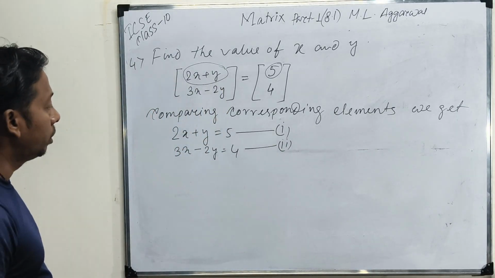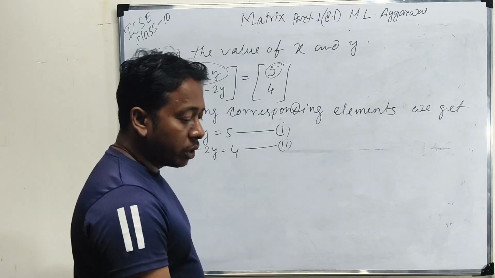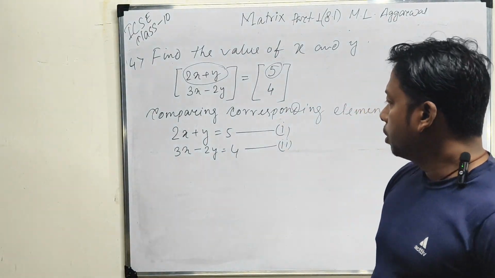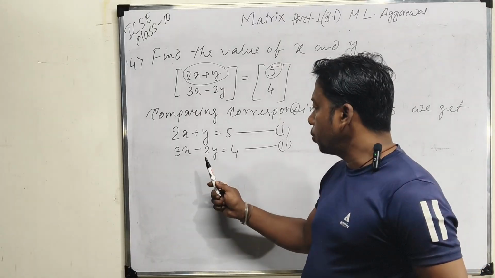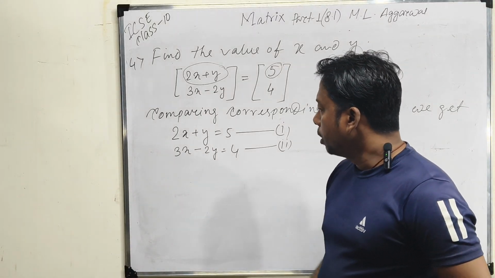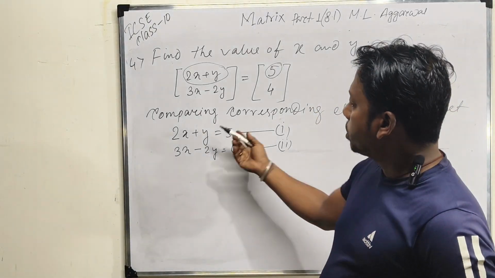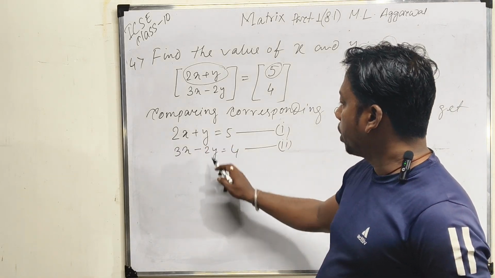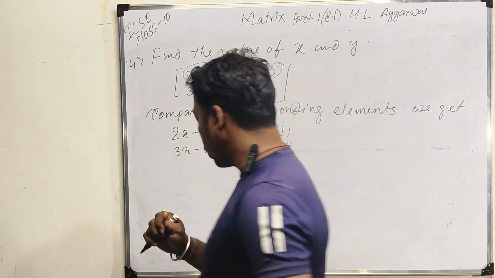So we got two equations, so we are using the elimination process. First we have to equalize the coefficient of y. How can we equalize it? Simply multiply equation 1 by 2, then these two values will be equal, then we can eliminate y.